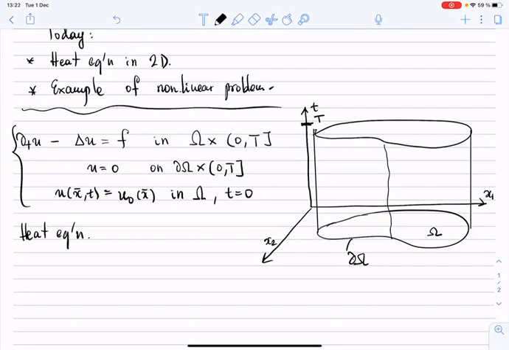And when we started, like in 1D case, one example was we have some wire, and we put some heat source. So the right hand side is heat source.